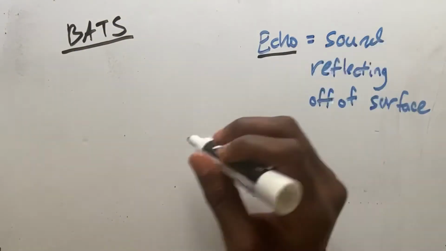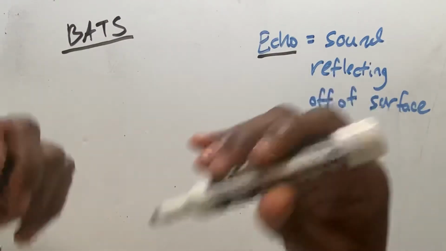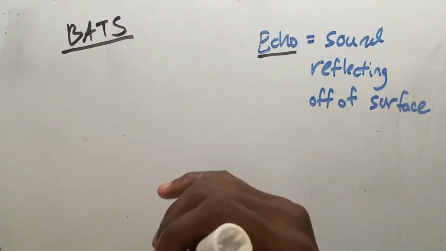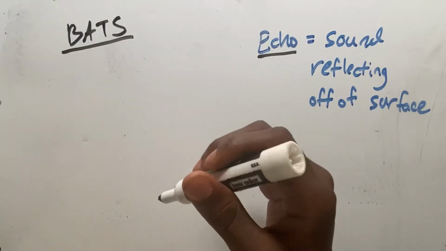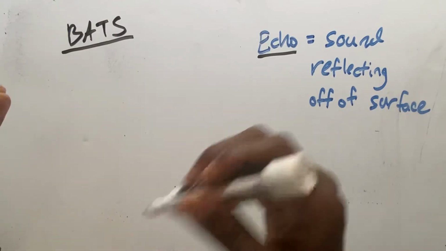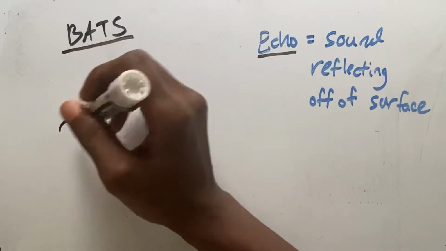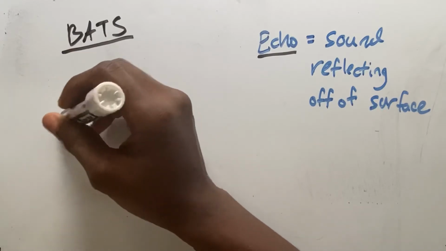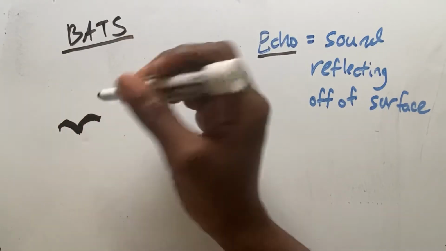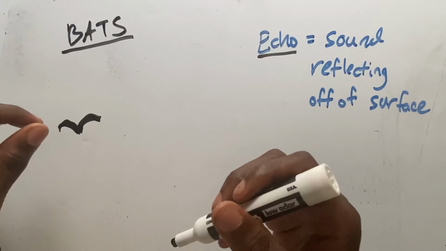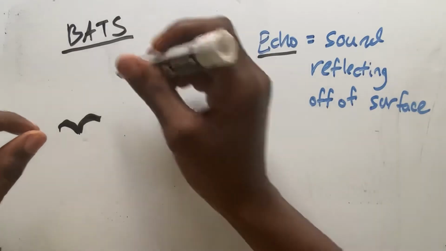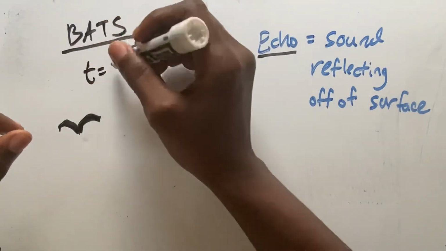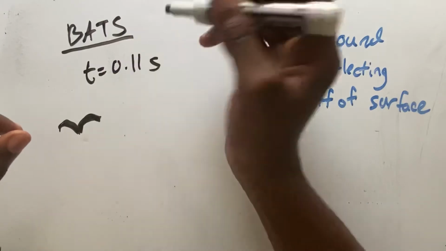They use echoes to know where they're at in space and time. So there's a bat here, and he hears his echo after maybe 0.11 seconds or something.